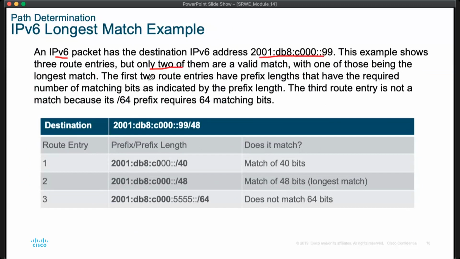The first two route entries have a prefix length with the required number of matching bits as indicated by the prefix length. The third route entry is not a match because it is /64. A /64 prefix requires 64 matching bits.